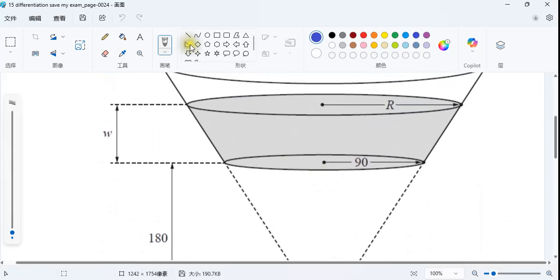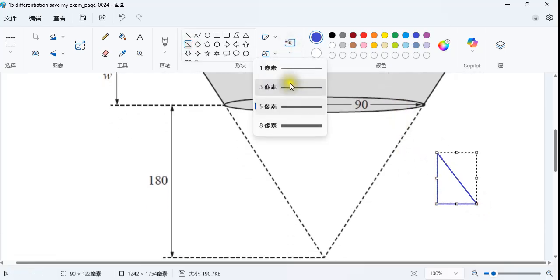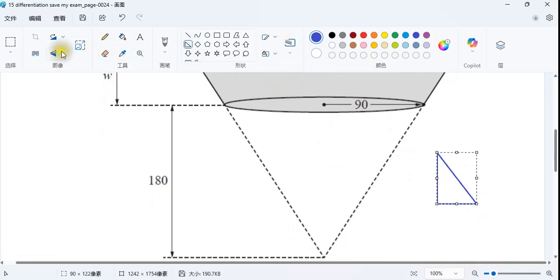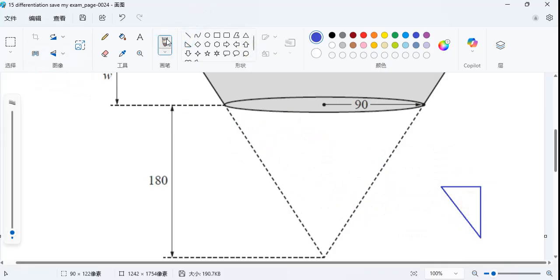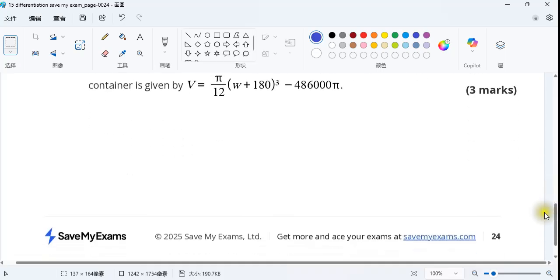Okay, so we have a right-angle triangle here, something like this. It has 90 and 180.